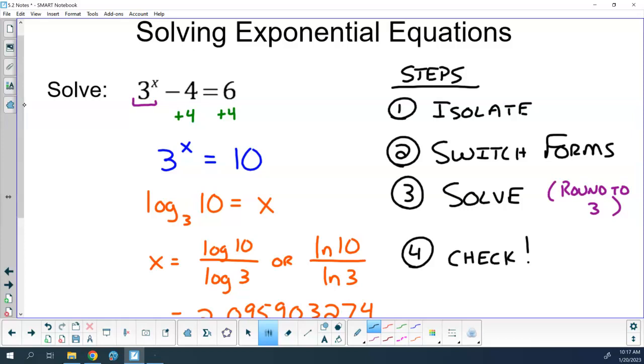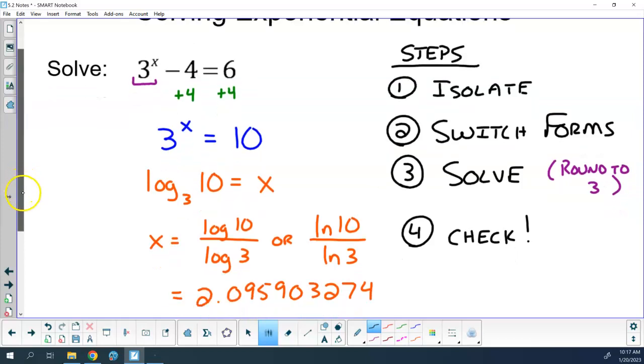Okay? So if I go 3 raised to the 2.096 power, I get 10.0010267. Then I subtract 4, and I get 6.001062697. Which is 6. If I would have used it exactly without rounding it, it would have been exactly 6. So it's checked out. It works.